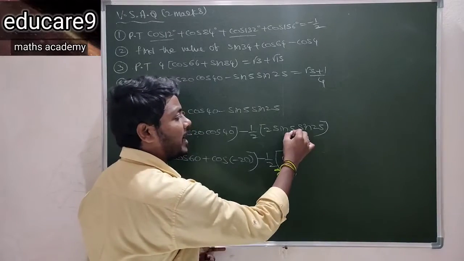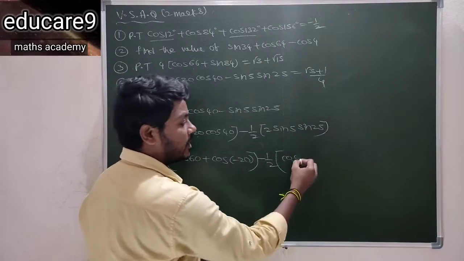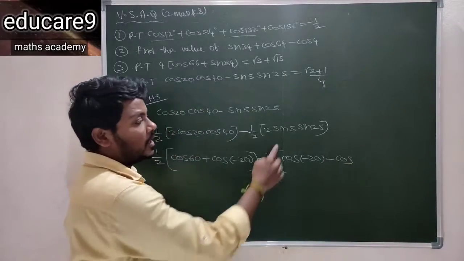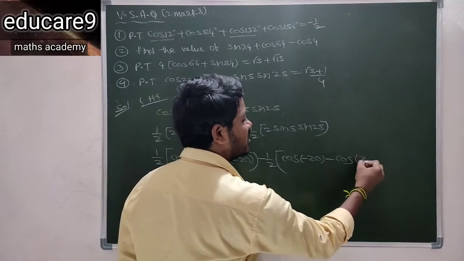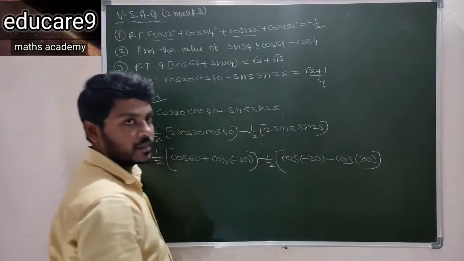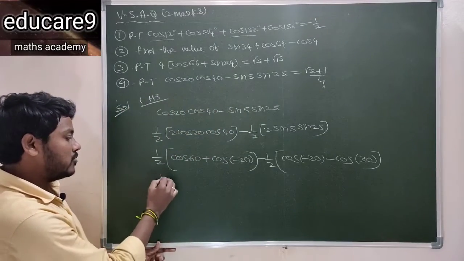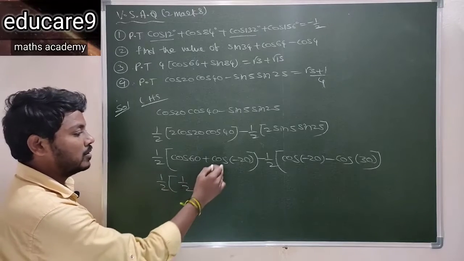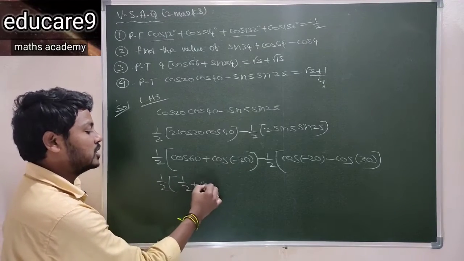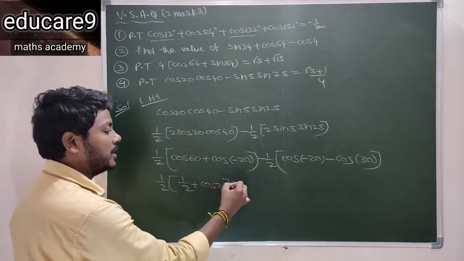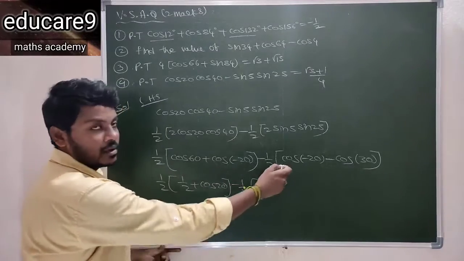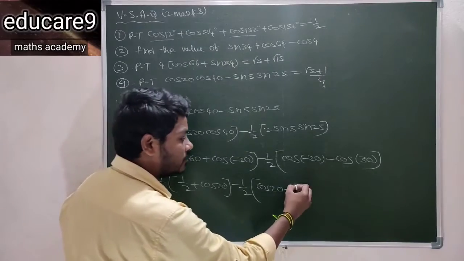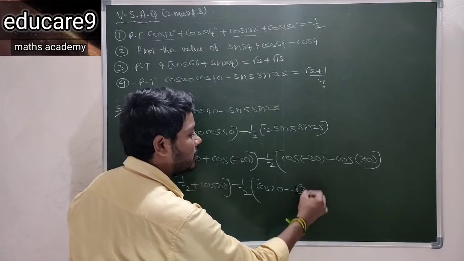Cos of A minus B, 5 minus 25, minus 20, minus cos of A plus B, 5 plus 25 is cos 30. Now this is 1 by 2 into cos 60 value 1 by 2. Cos of minus 20 is cos 20 only. And minus 1 by 2 into cos 20 minus cos 30 value root 3 by 2.